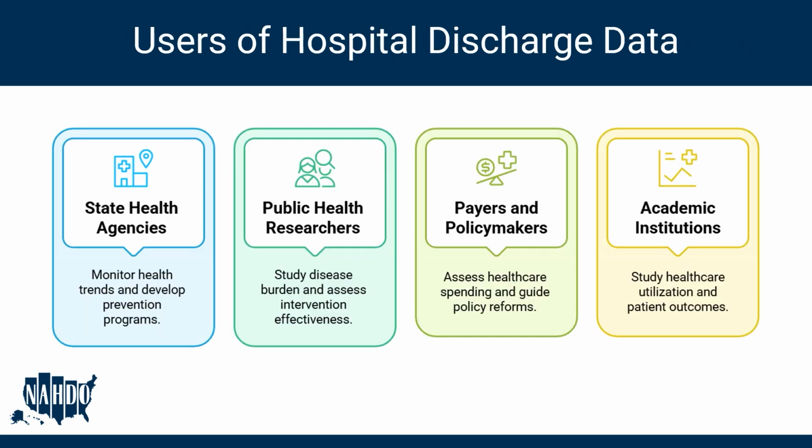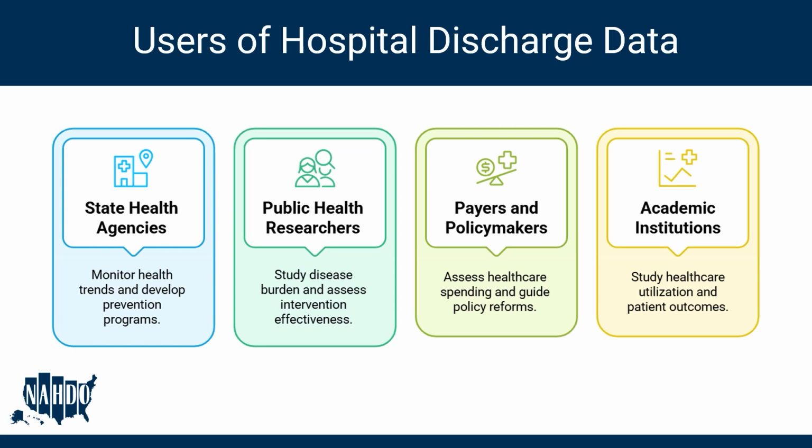Various organizations utilize hospital discharge data to guide decisions and improve public health outcomes. Let's review some of the more common users and their applications. State health agencies monitor health trends, develop prevention programs, and conduct needs assessments to inform policy decisions. Public health researchers use HDD to study disease burden, assess the effectiveness of interventions, and analyze healthcare disparities.